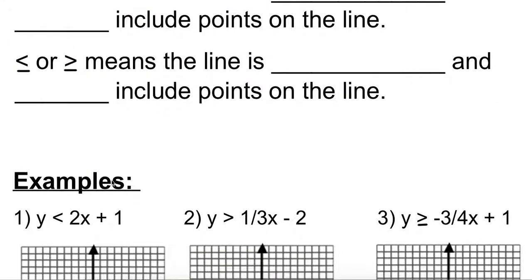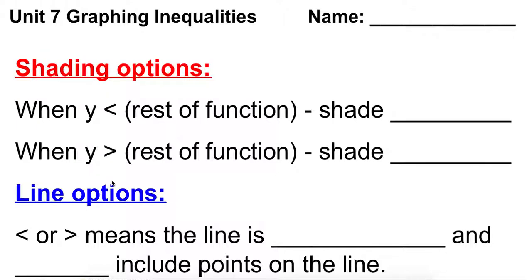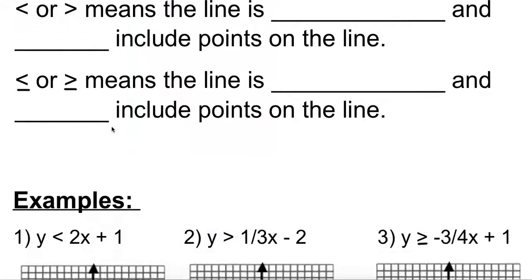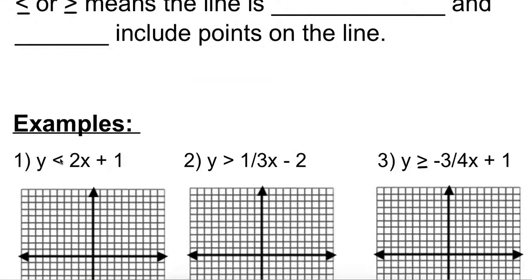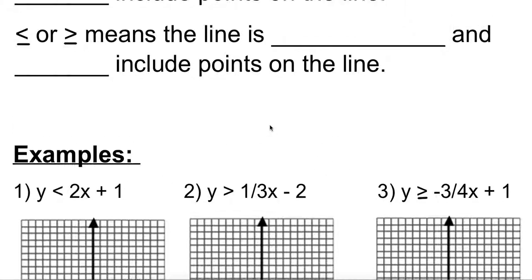I want to first show you the logistics, and then we'll talk about what it actually means after you graph it. What you see down here is always going to be y less than or equal to some amount, or y greater than or equal to some amount on the other side.